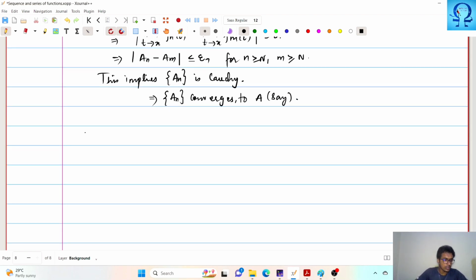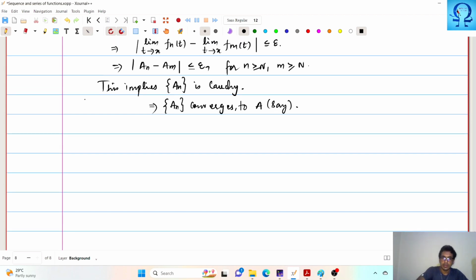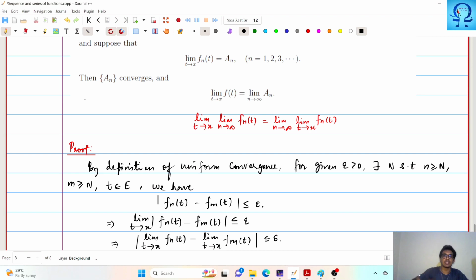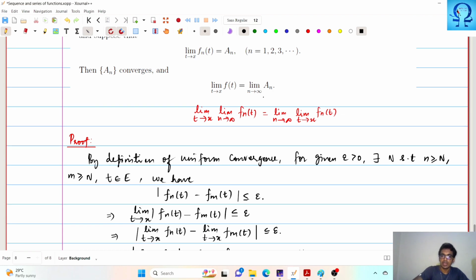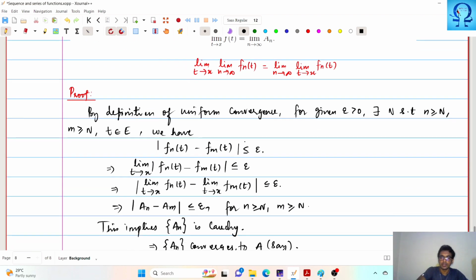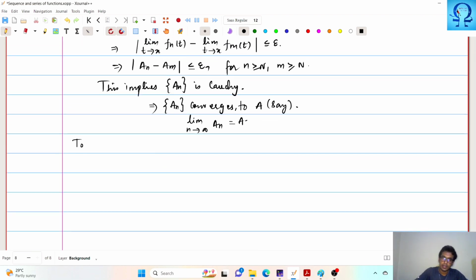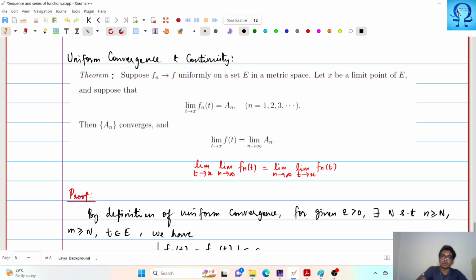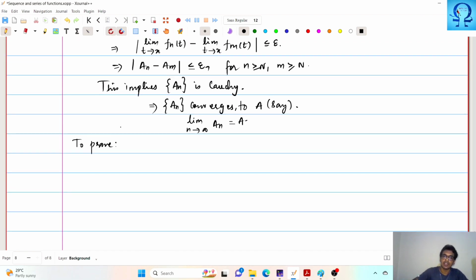Now what should we prove? We should establish that the limit as t approaches x of f(t) is the same as the limit as n approaches infinity of an, and here we have said an converges to a, that means the limit as n approaches infinity of an is a. So we will have to prove that the limit as t approaches x of f(t) is a.